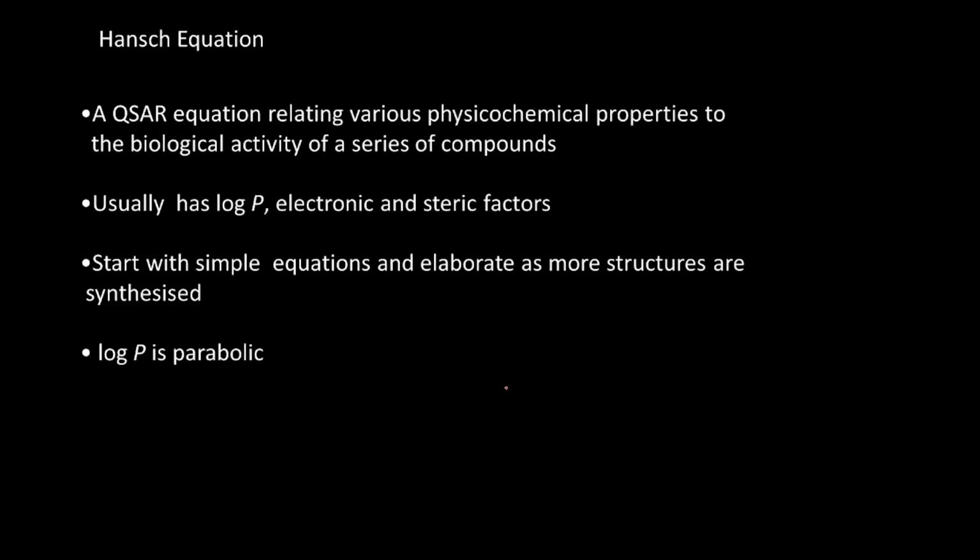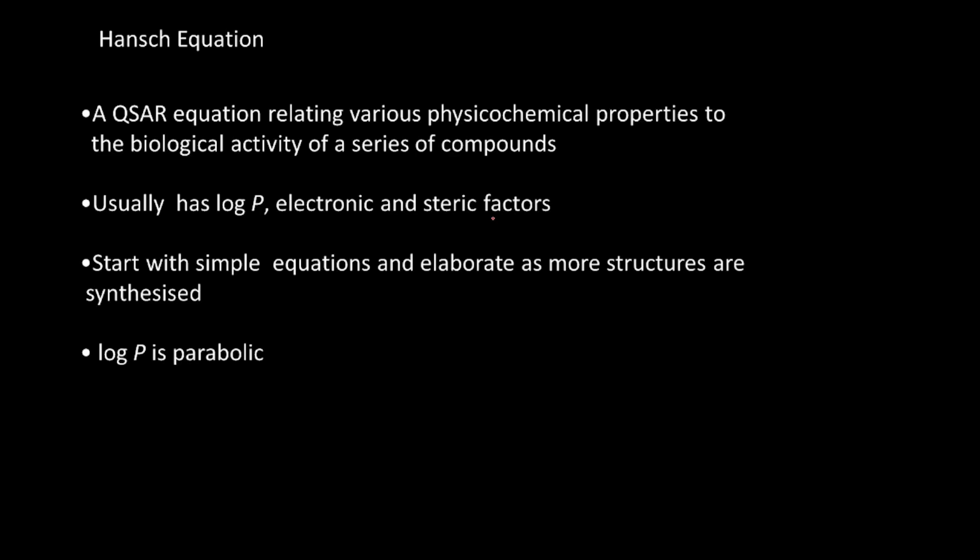Then comes the Hansch equation. What is the Hansch equation? A QSAR equation relating various physico-chemical properties to the biological activity of a series of compounds. So you will have log P coming into the picture, electronic factors, and steric factors.